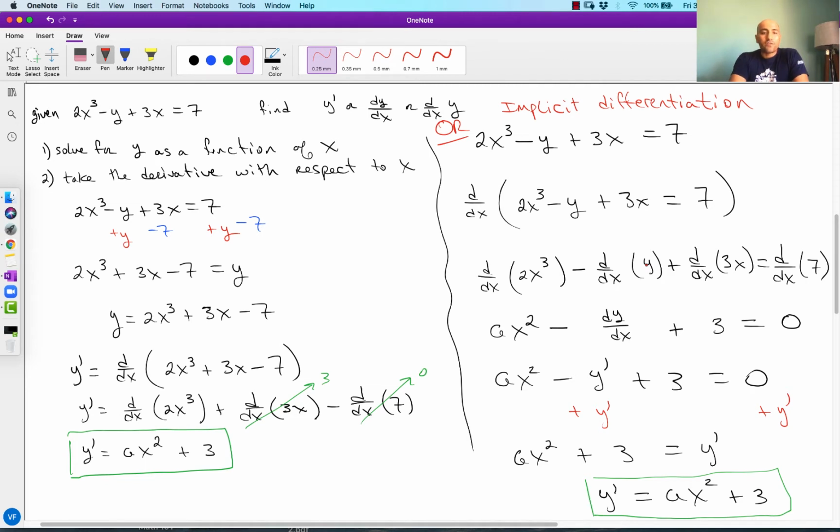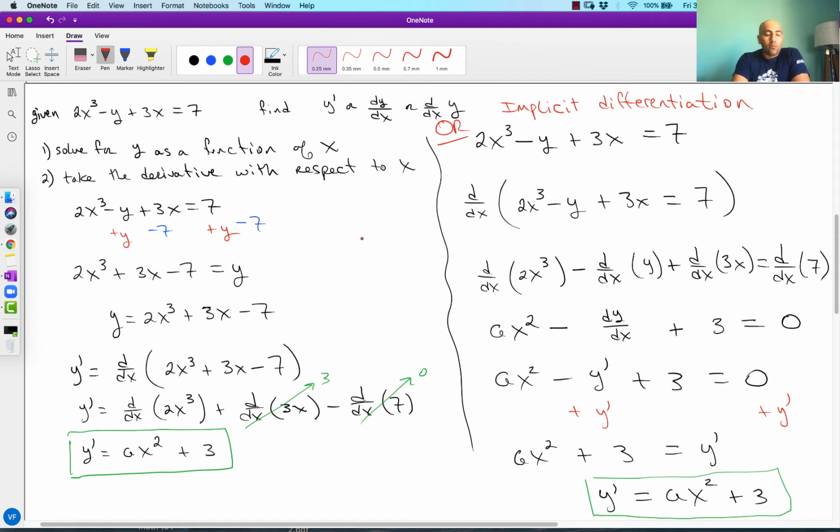Okay? All right, so in this particular example, the advantage is not super clear. Hopefully you see that I can get the same answer in both ways. In this particular example, maybe it's not super clear why we would care about implicit differentiation.